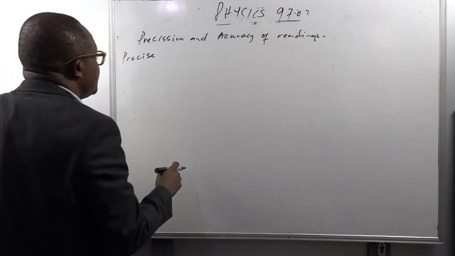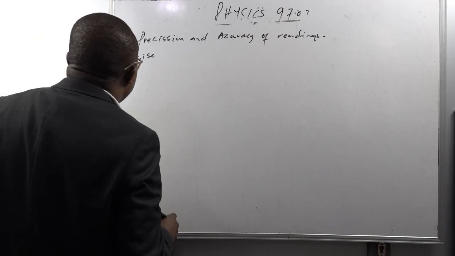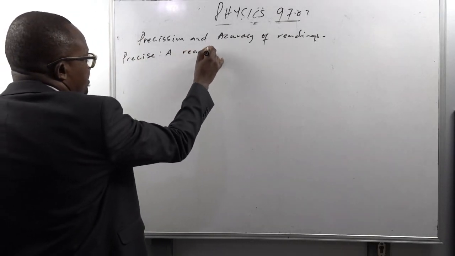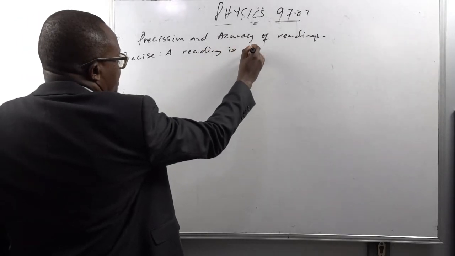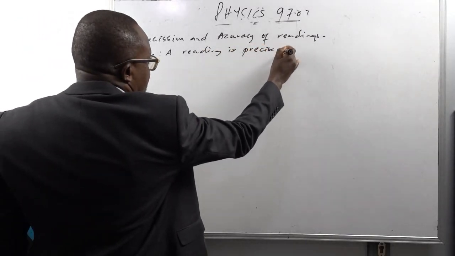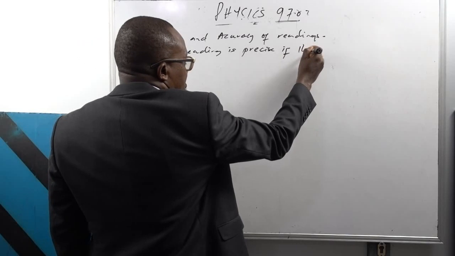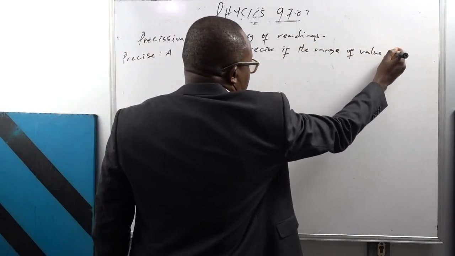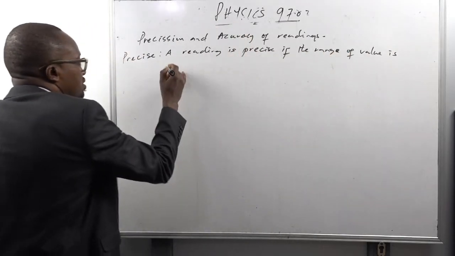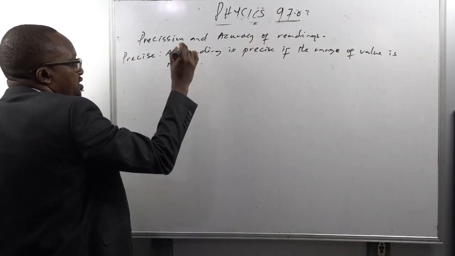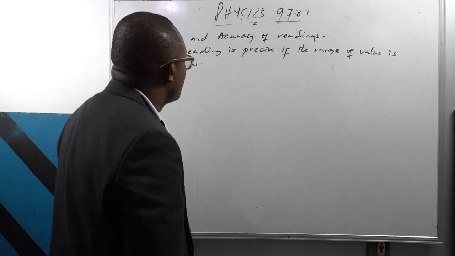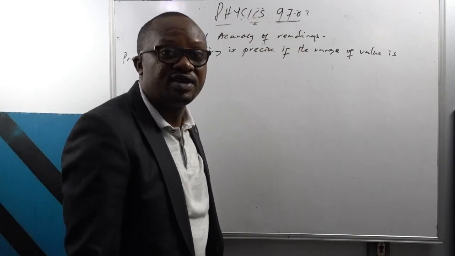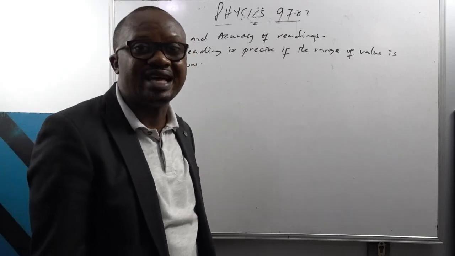A reading is precise if the range of value is narrow. So a reading is precise if the range of value is narrow.